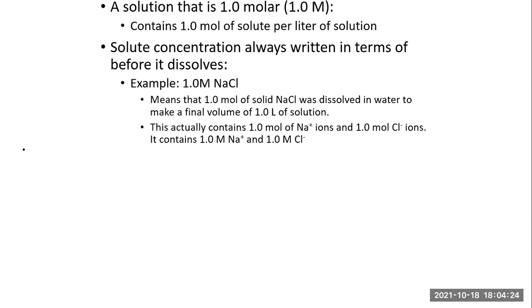How does this relate? For example, if we have sodium chloride in solution, because it's a strong electrolyte, it will 100% break apart into sodium ions and chloride ions. So if you know the concentration of this, which is 1 molar in this particular example, it is a 1-to-1 relationship between sodium chloride and the sodium ion.